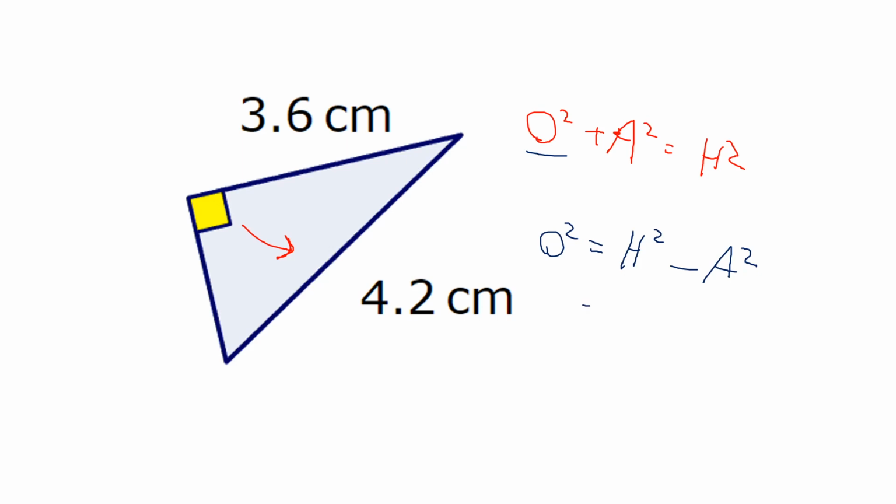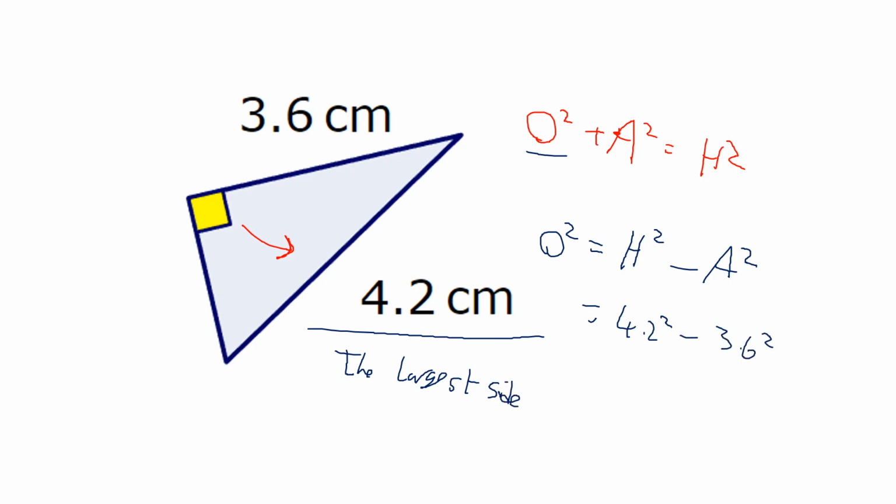So then, the opposite squared is just going to be the hypotenuse squared minus the adjacent squared. So, let's take a look. In this case, it will be 4.2 squared because 4.2 is the largest side, minus 3.6 squared. And if we plug that into our calculator, we should get an answer of 4.68.